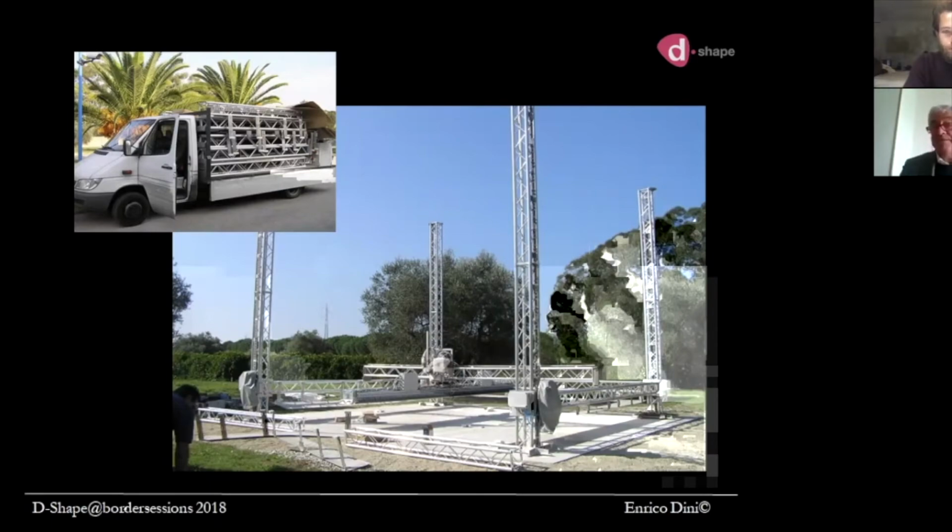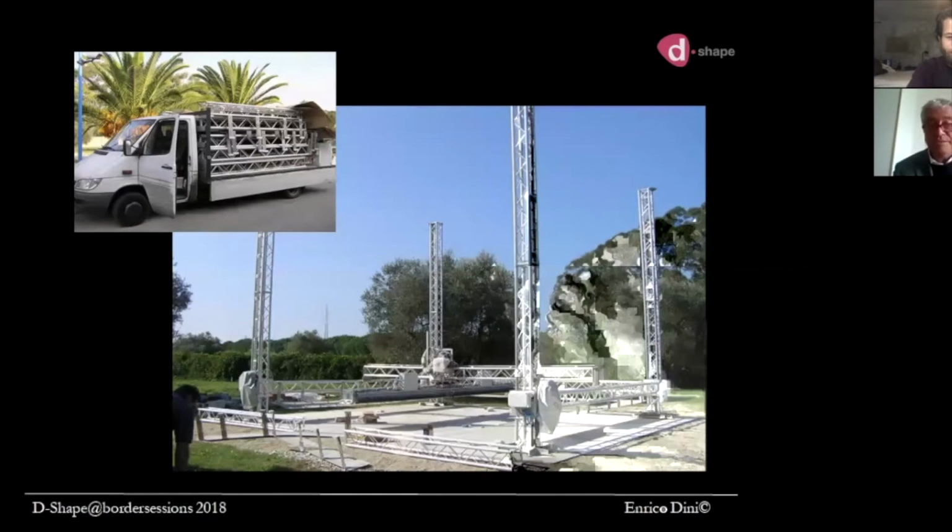The first presentation I gave was in Eindhoven in the Netherlands, and that's why the Netherlands is so active on 3D printing. I showed this printer as a concept. If you want to print a home, you go on a building site with a truck and you assemble the printer.